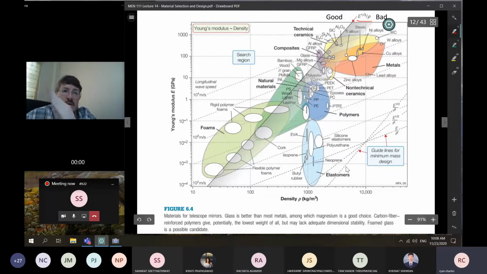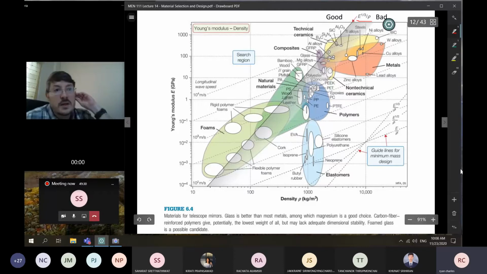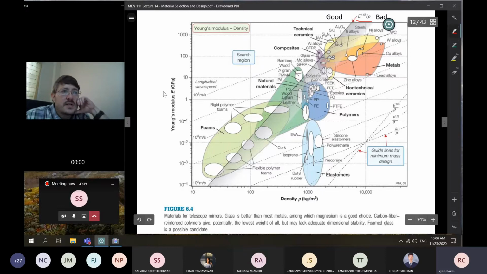We could move that sloped line around, right? And on that side, it's no good. On that side, it's good, right? So these are guidelines. Ruler and match the slope and slide it around, right? And again, you could set particular constraints, right? I want a modulus of greater than 100, right?